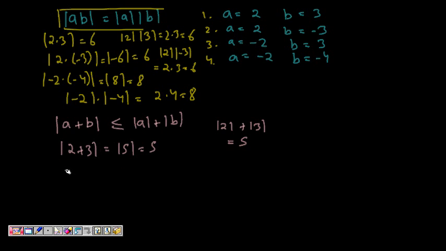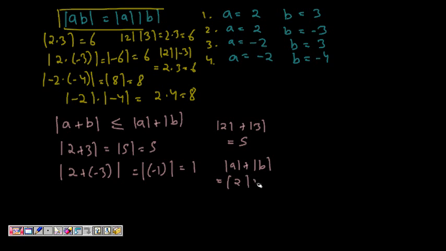For case 2, which is 2 plus minus 3, this becomes mod of minus 1, which is 1. And mod a plus mod b is mod 2 plus mod of minus 3, which is 2 plus 3 equal to 5. So in this case mod of a plus b is less than mod a plus mod b.